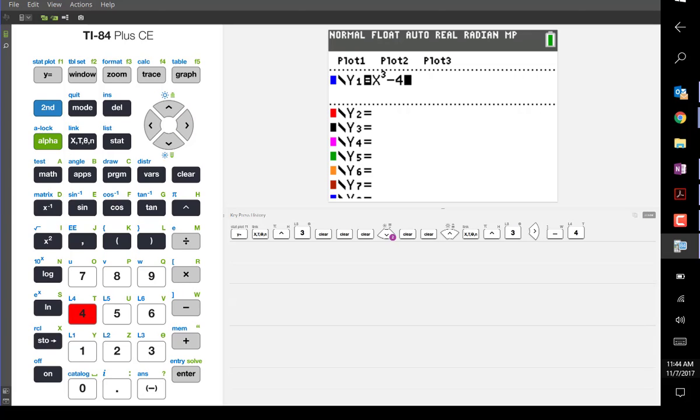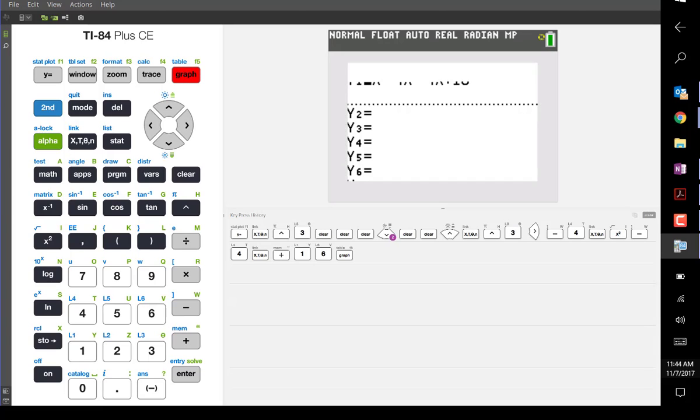I highly recommend knowing how to do this if you don't know how to do that last problem. Minus 4x plus 16. Now watch what happens when you press graph.